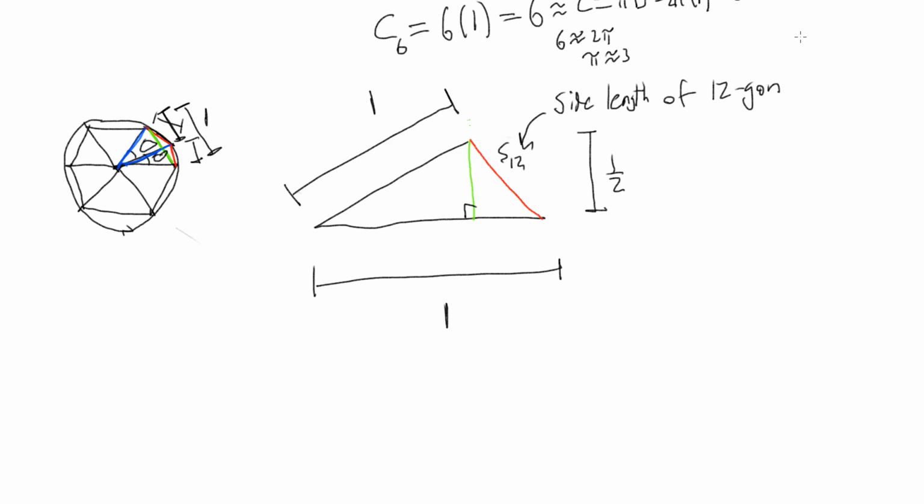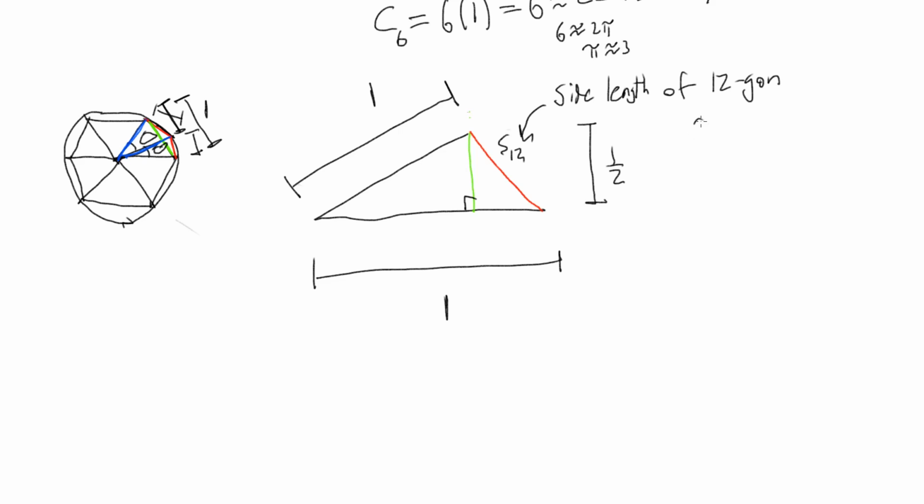is usually referred to as a 12-gon, or if you really want to be fancy, the dodecagon. Do here meaning 2, and deca meaning 10. So 2 plus 10 is 12. Just as a small tangent. Anyway, we want this red side.